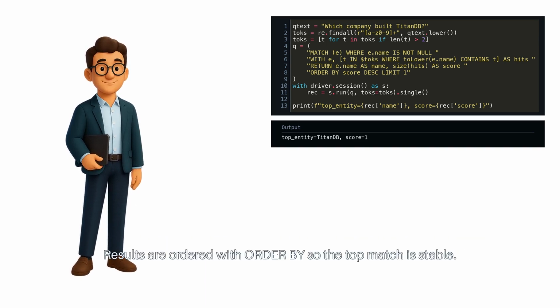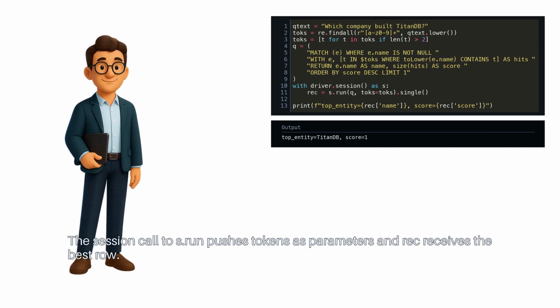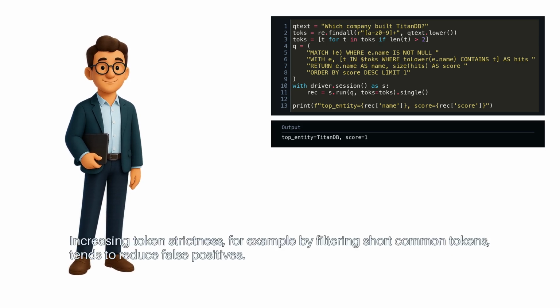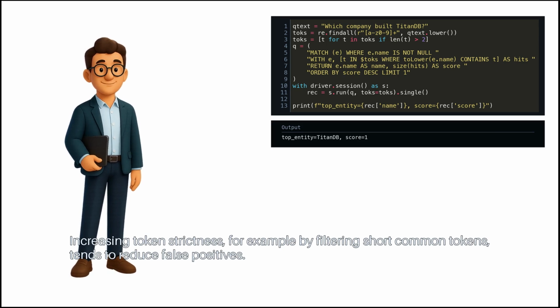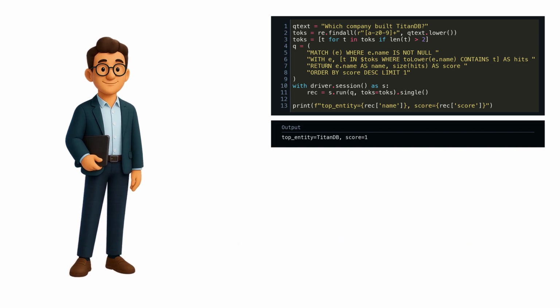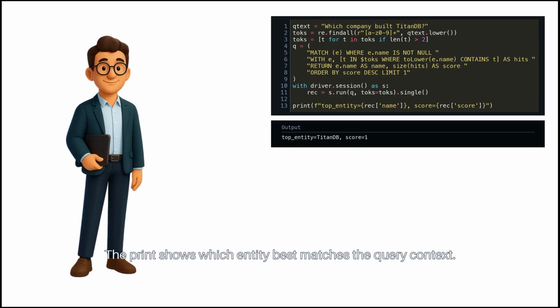Results are ordered with ORDER BY, so the top match is stable. The session call to s.run pushes tokens as parameters, and rec receives the best row. Increasing token strictness, for example by filtering short common tokens, tends to reduce false positives. The print shows which entity best matches the query context.